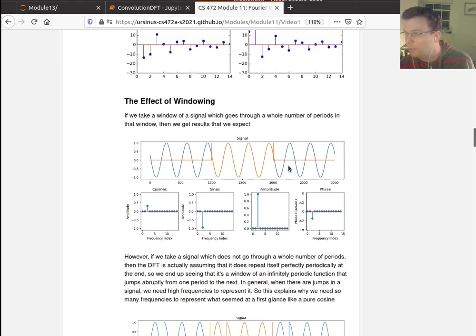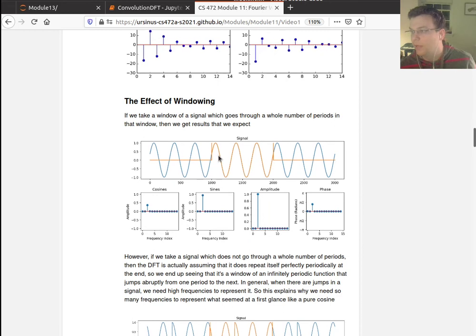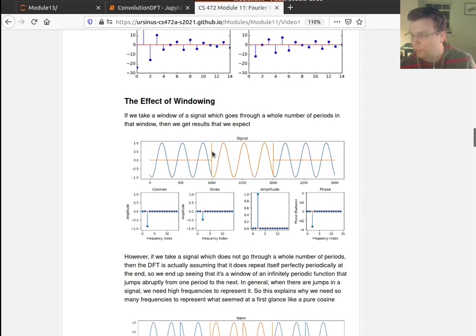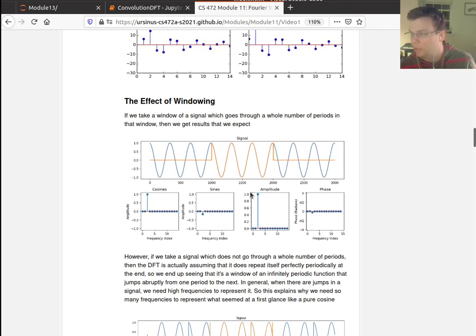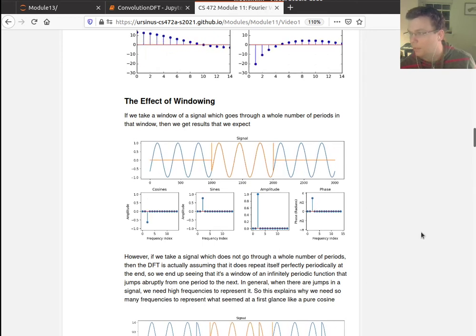So what we remember is, let's say I have a pure sinusoid here. I assume this thing is infinitely periodic, but I'm only looking at a little snippet of it. When I shift this, it doesn't change the amplitude. It only changes the phase. Okay.